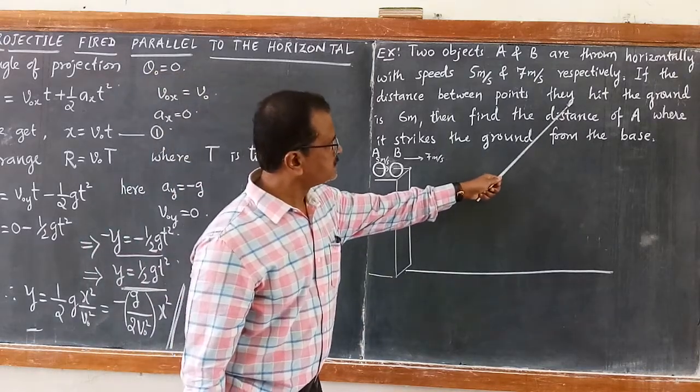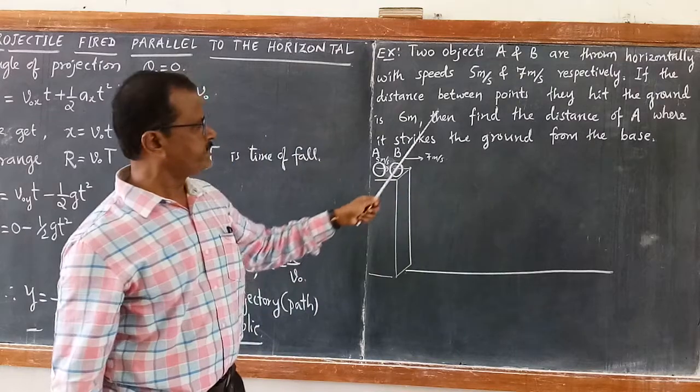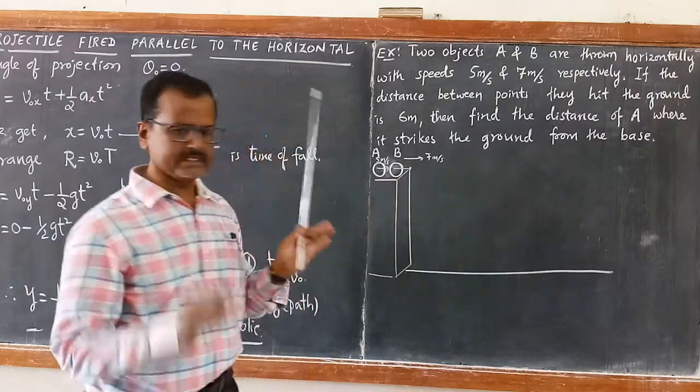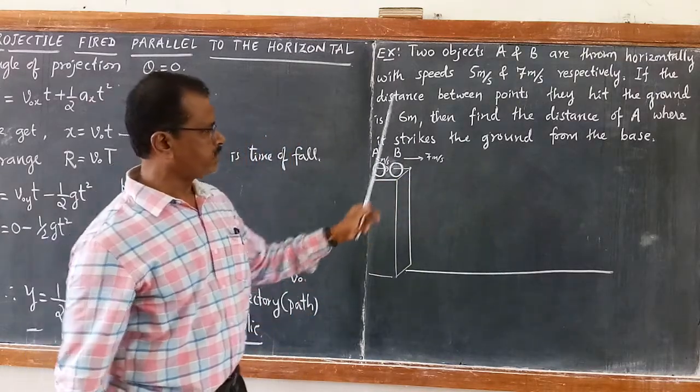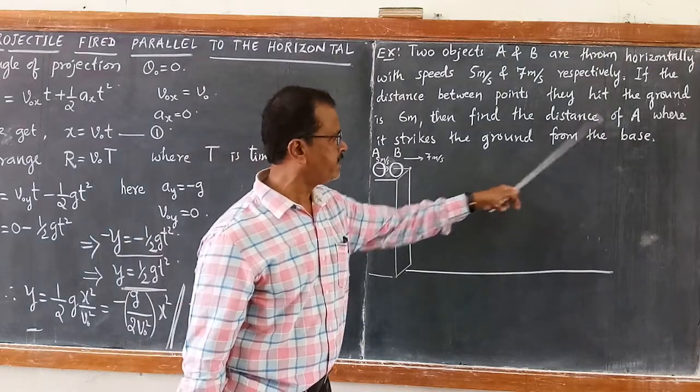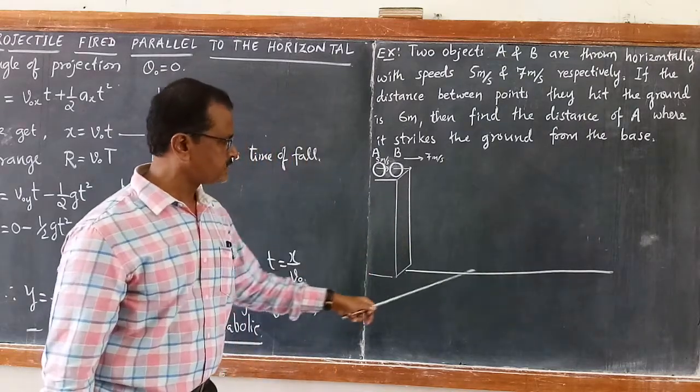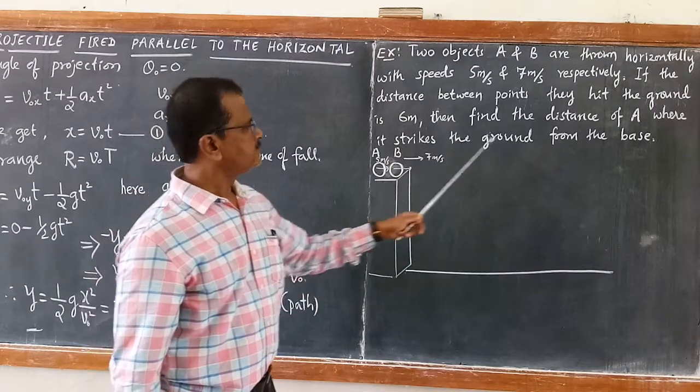The distance between the points where they hit the ground is given as 6 meter. Then you are asked to find the distance of A where it strikes the ground from the base.